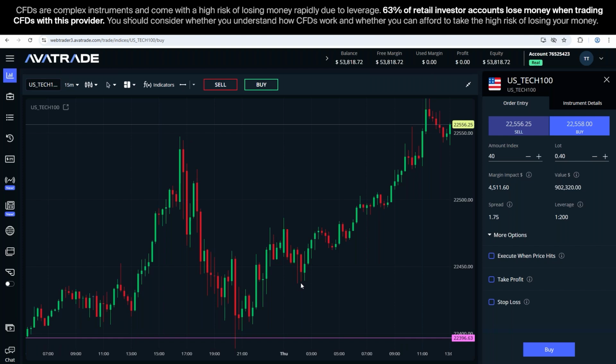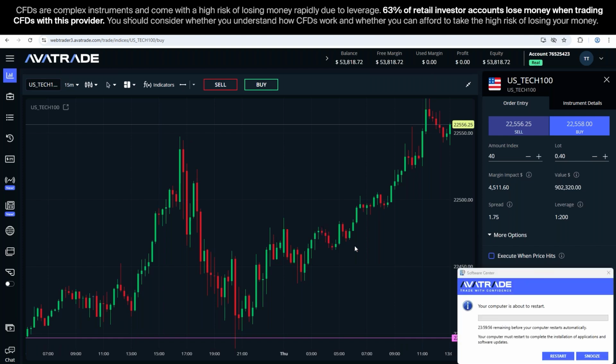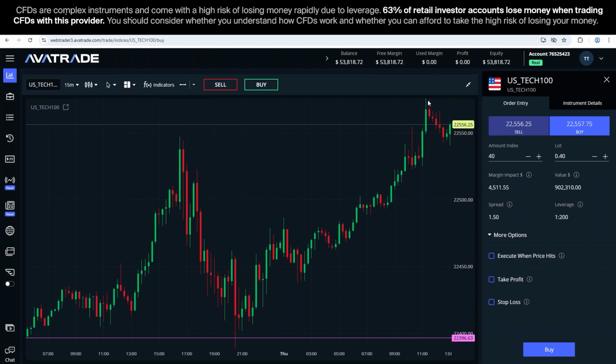Every time it pulled back, it goes back up. Here was a pullback, and it seems like it's trying to bounce again, barring any large headlines to change the momentum. This is a strong uptrend so far today.